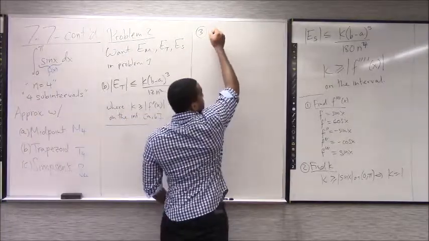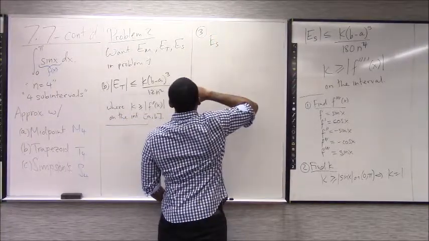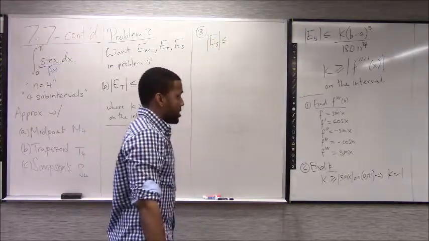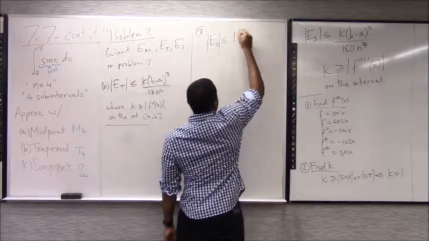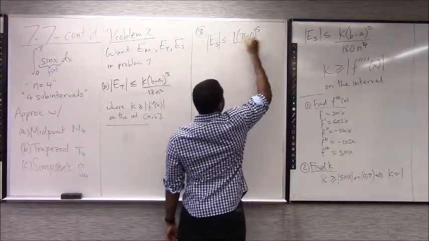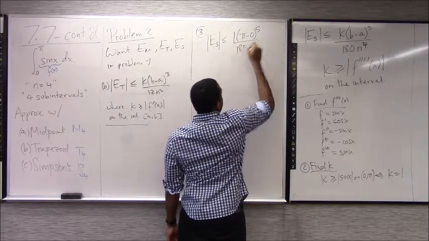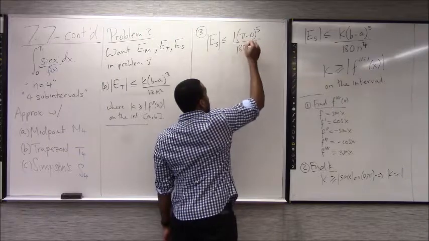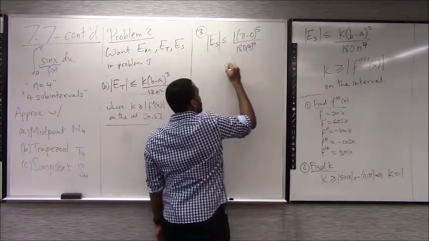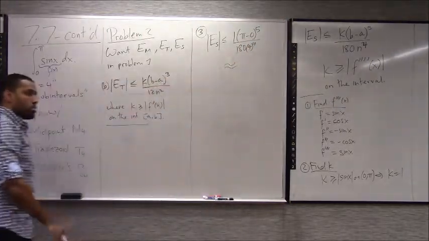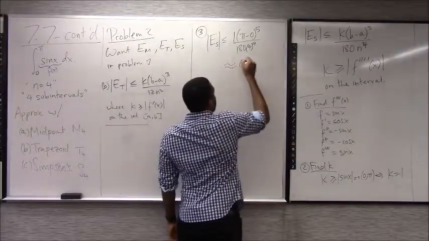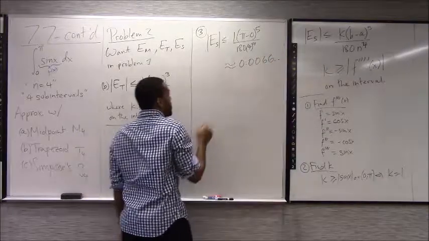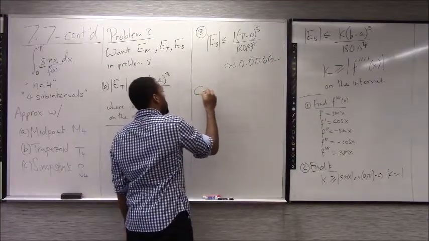So here, I would say my error according to Simpson's rule for this particular function is going to be 1 times pi minus 0 to the 5th over 180 n to the 4th. Plug in n equals 4, so that's roughly 0.0066. I checked. Okay, so we can make a conclusion here.